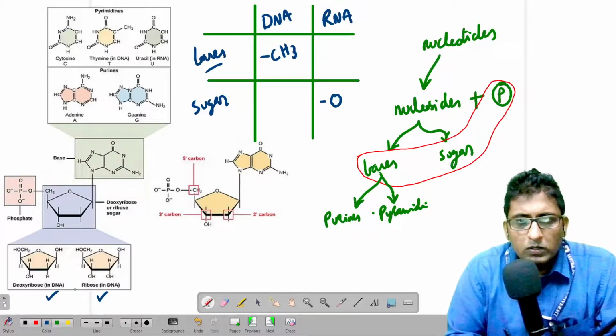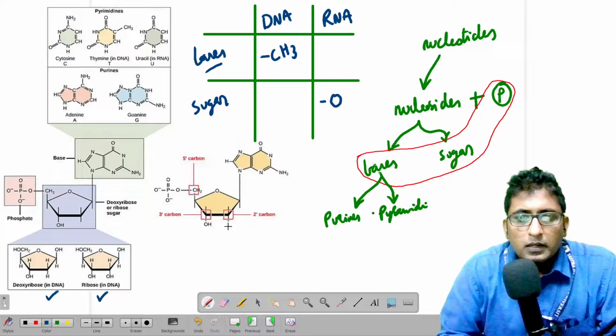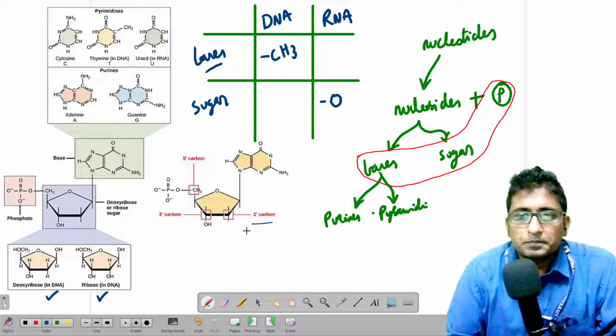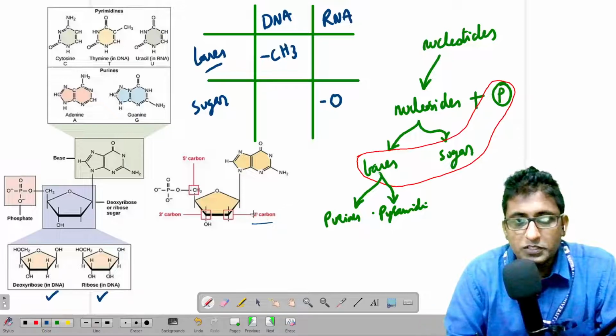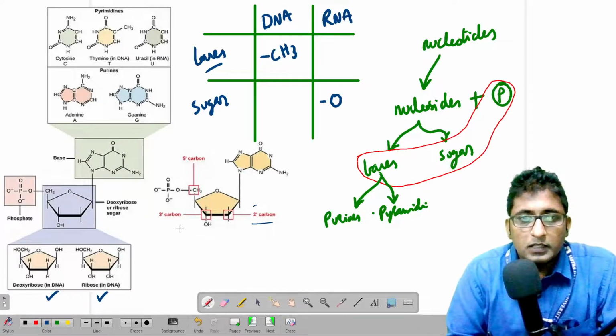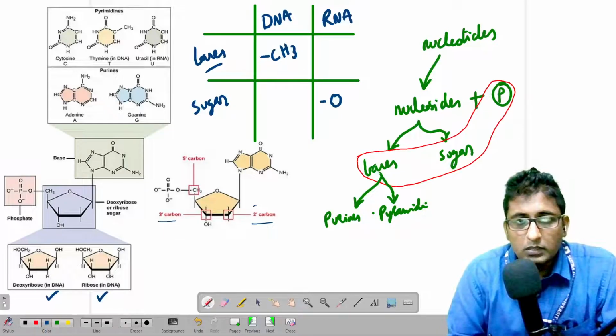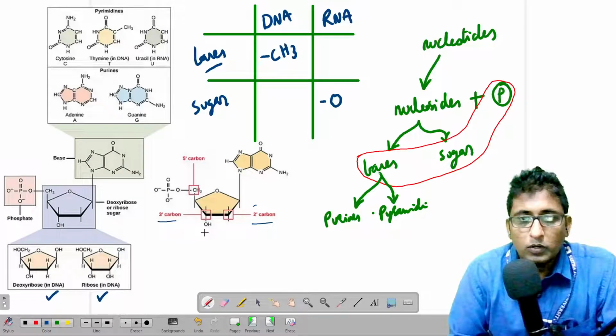We also have to keep in mind the numbering, and previous videos would help in that. Some of the numbers we should remember for ribose are very important. The 2' carbon is where ribose or deoxyribose is determined. And the 3' OH, the 3' carbon, is important because polymerization happens at this OH.